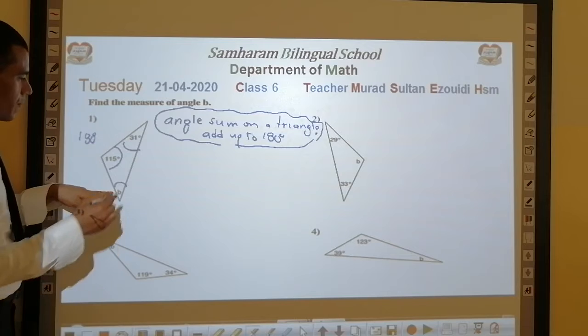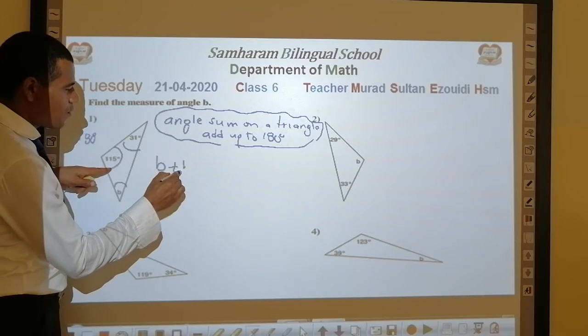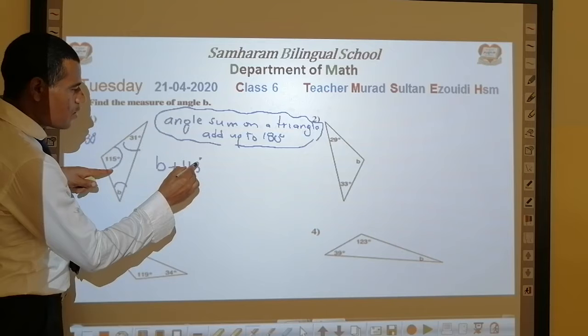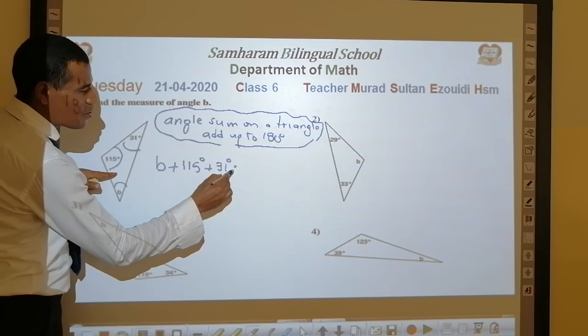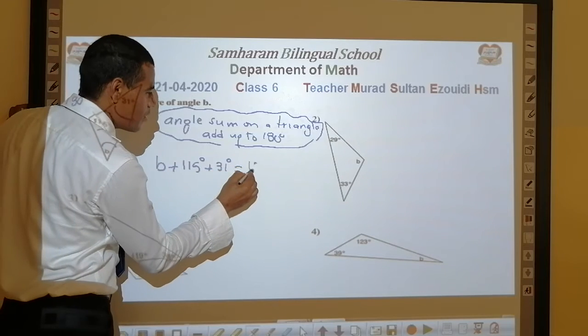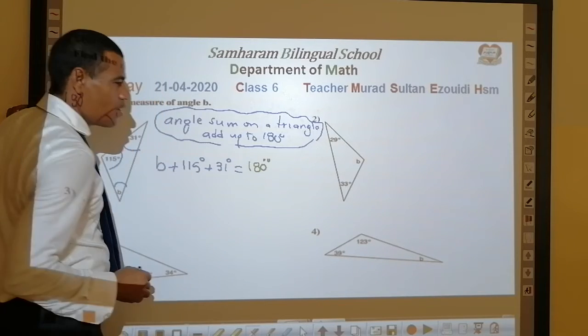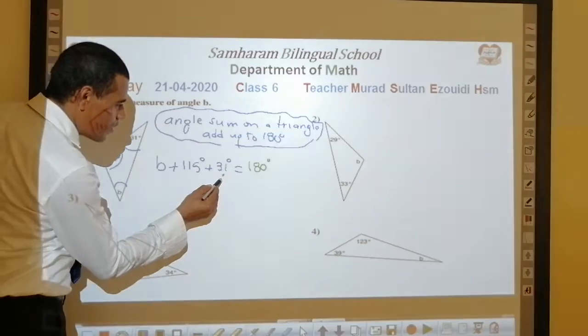So I will make B plus 115 degrees plus 31 degrees equal to what? To 180. Why? Because the sum of the internal angles of a triangle is 180. I will just add all of this.